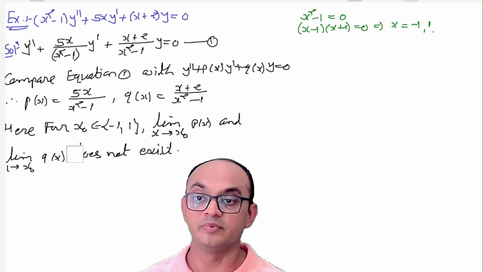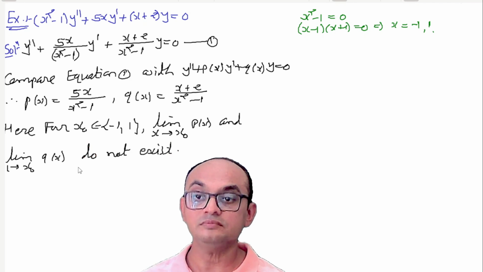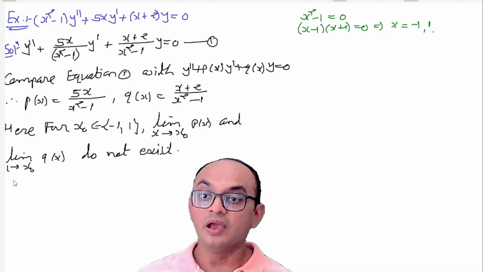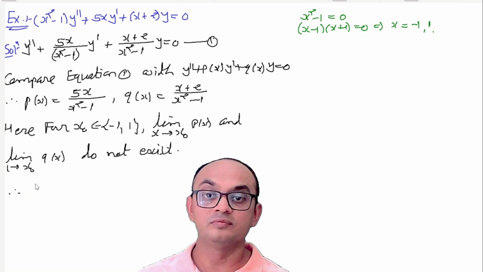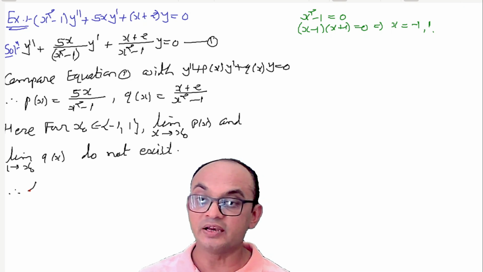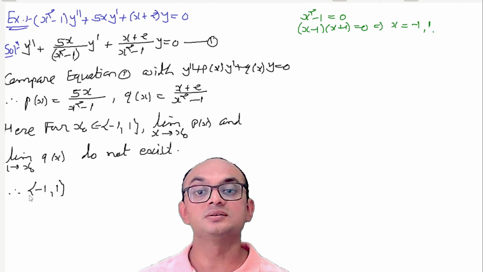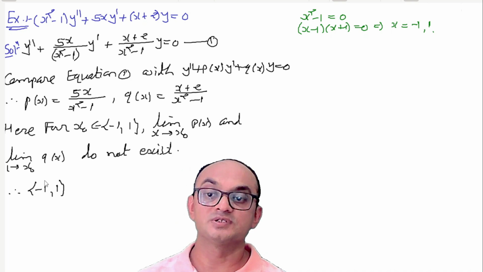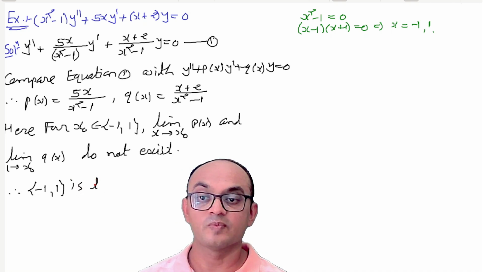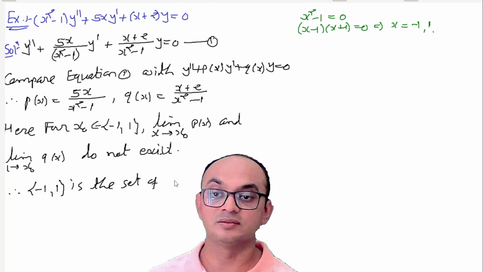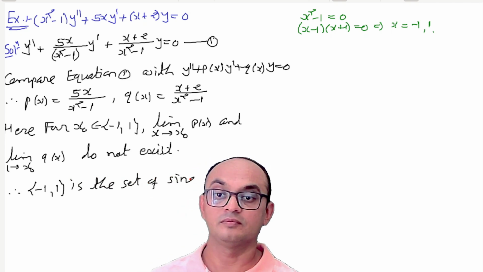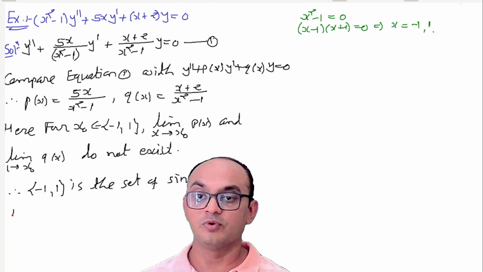This limit does not exist, and therefore the set {minus 1, 1} is the set of singular points.